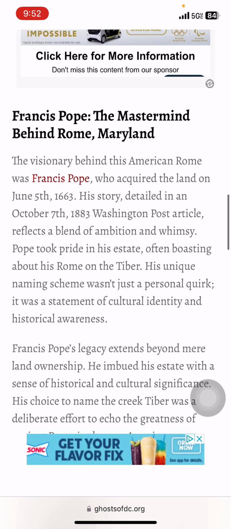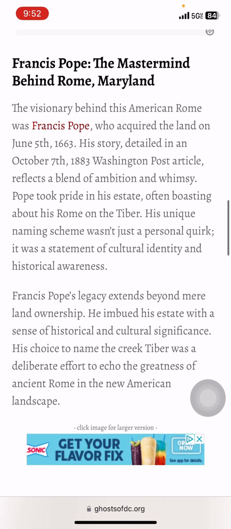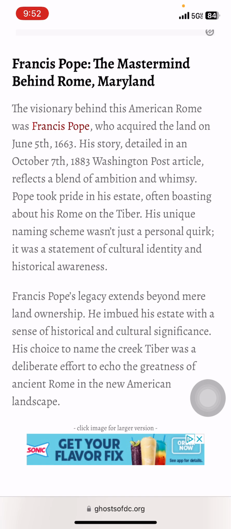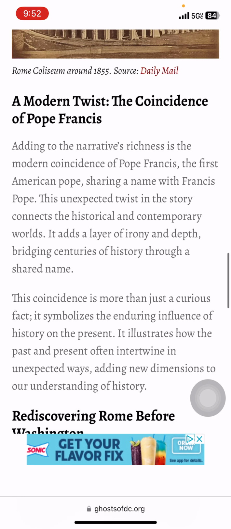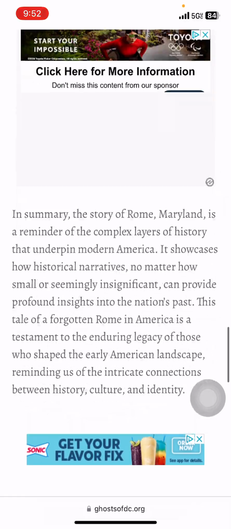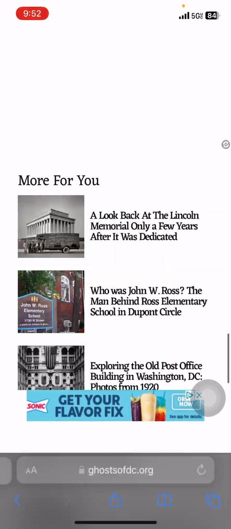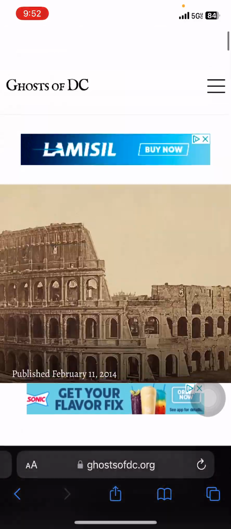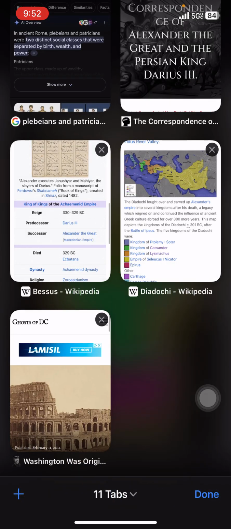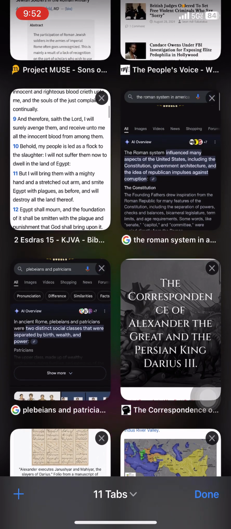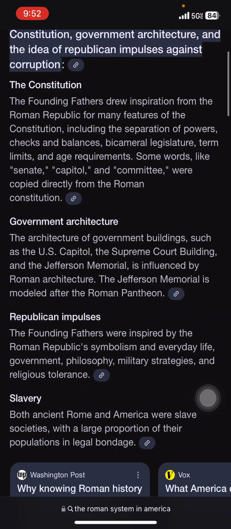And they go into Pope Francis over in Italy. You can read on that, I'll put the link in the description. But DC, before it was called that, was called Rome, Maryland. So there are a lot of similarities between America and Rome.